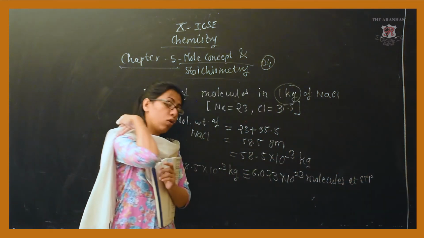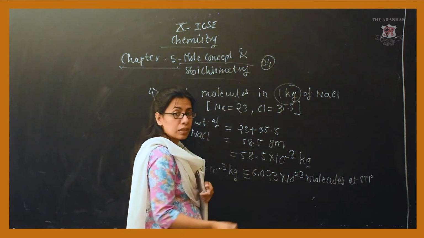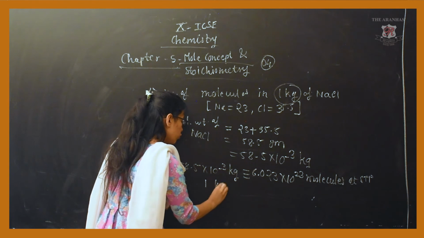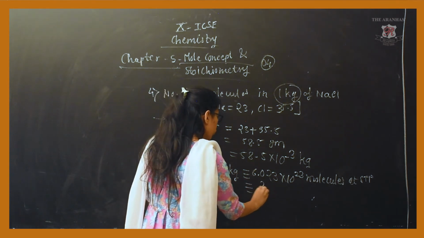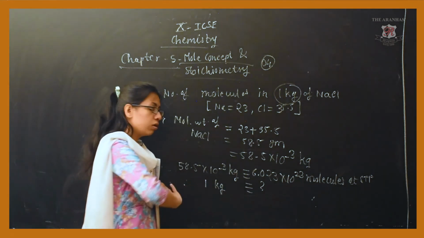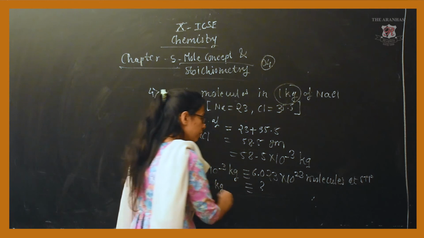Fine. So what are they asking now? How many molecules will be present in 1 kg? So therefore, 1 kg is equivalent to how many molecules? So easy calculation. Just cross multiply, 1 into this divided by this.